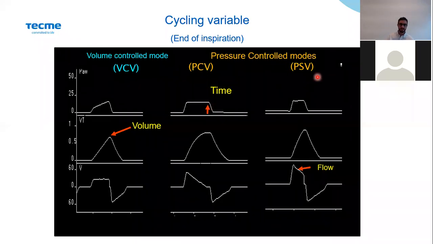And then in pressure support, the end of inspiration is by flow. Later, when we start to talk about all the ventilatory modes, I'm going to explain this end of inspiration deeply.